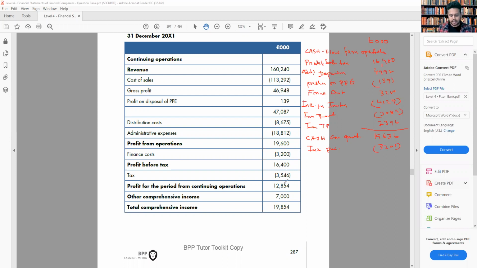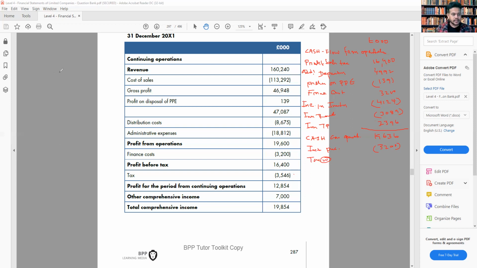And the tax paid, I have how much? Now, before I write the tax, how much is the tax here? The tax might have workings, because on the financial statement, I need to see is there any tax. So I can see this year, the current year tax is 3546. So I'm going to write it down here.